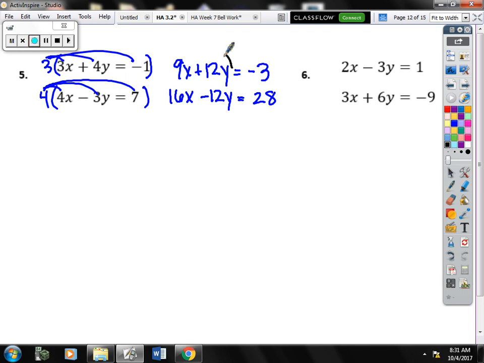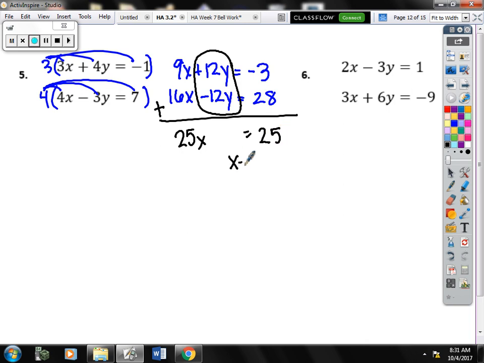And then we are eliminating the y variables, which do have different signs, so we are going to add them. So 9 plus 16 is 25x. 12 plus negative 12 is 0. Negative 3 plus 28 is 25. Divide by 25. We'll get x is 1. Plug x back in. Again, I would choose one of the original equations.